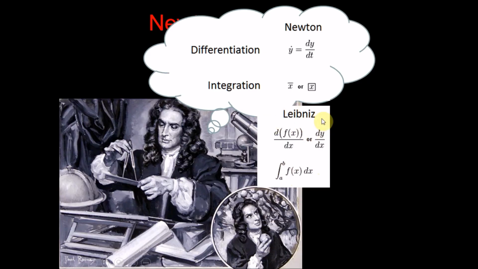This is the notation of Leibniz, whereas sometimes in physics you can still see the y dot or x bar or y bar integrations and differentiations, but a lot more rarely than you see Leibniz notation, which was put together by Leibniz in Germany.